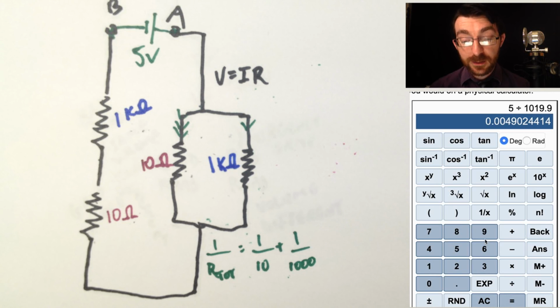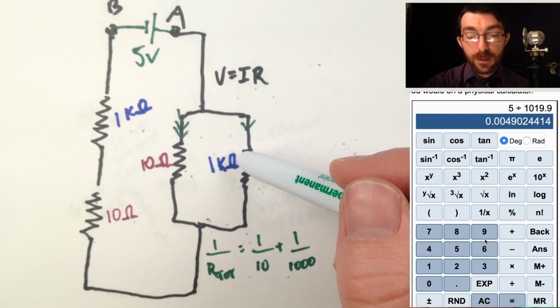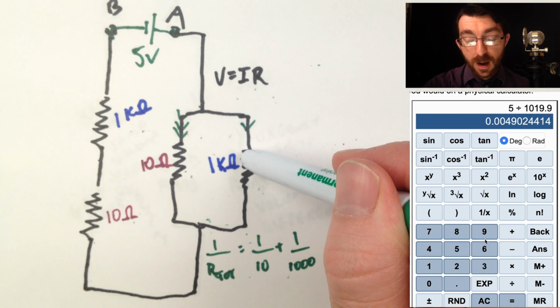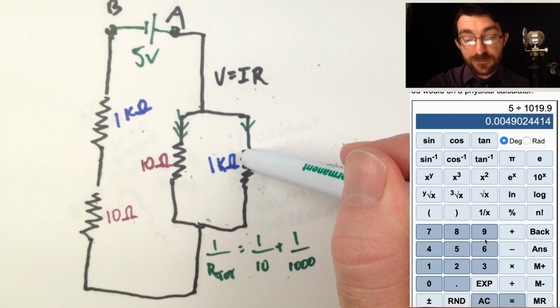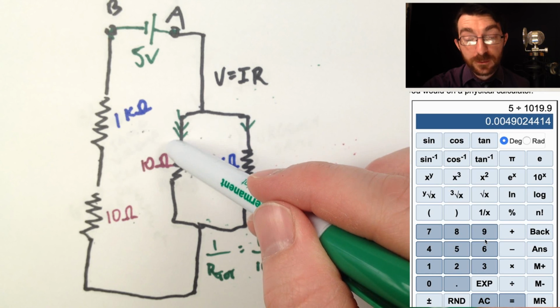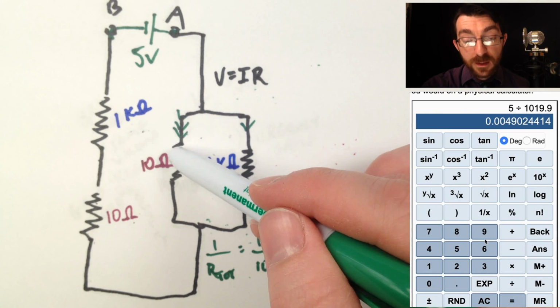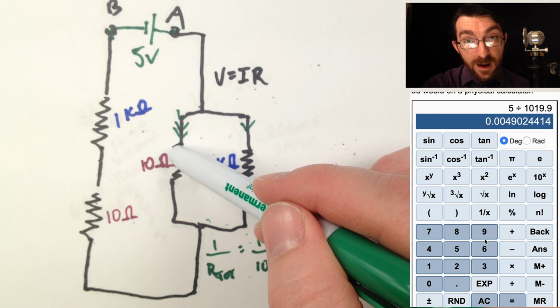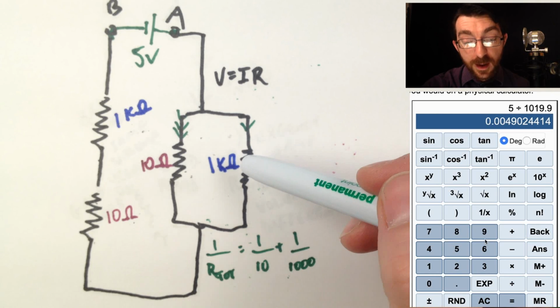And in this particular case, this resistor resists the flow of electricity 100 times what that one does, which means this one should have 100 times the current as that one.